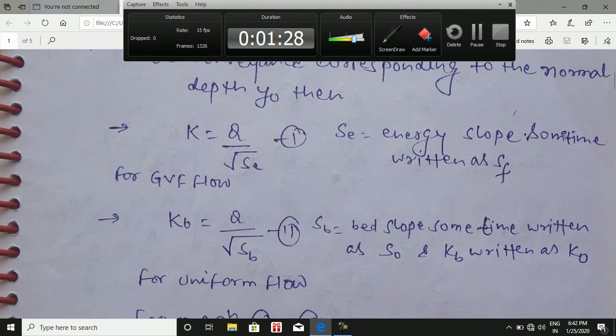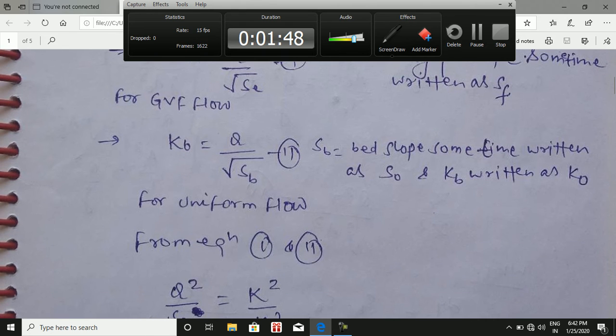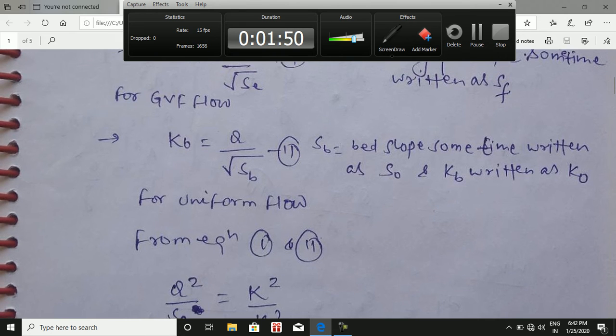Now K naught is equal to Q upon under root SB, where SB is the bed slope, sometimes written as SO, and K naught is used for uniform flow. So these are the equations used for writing the differential equation in another form.